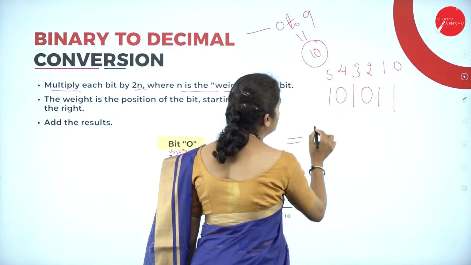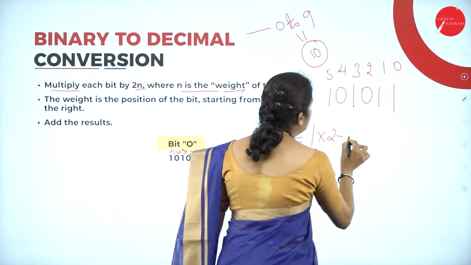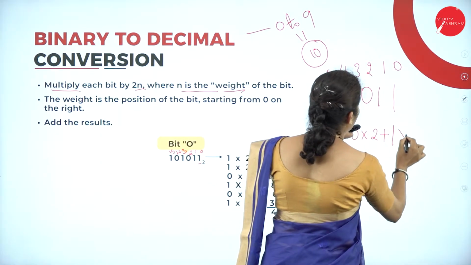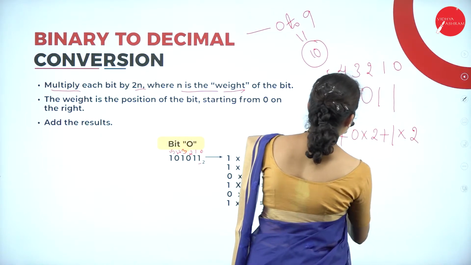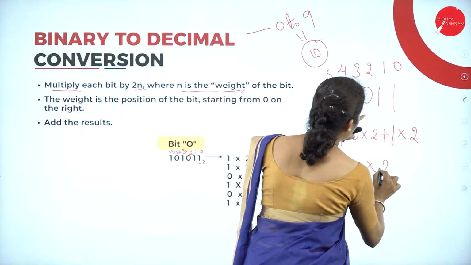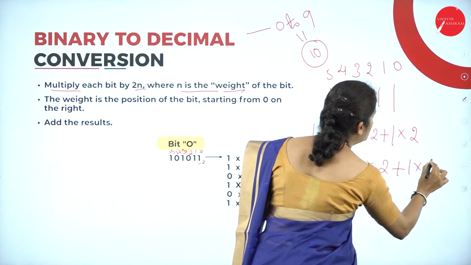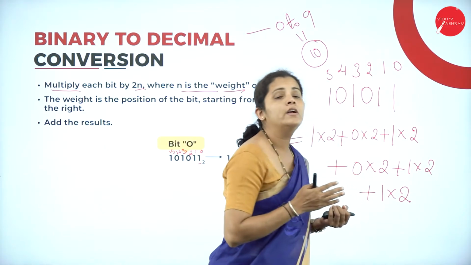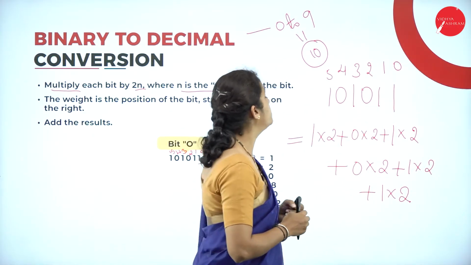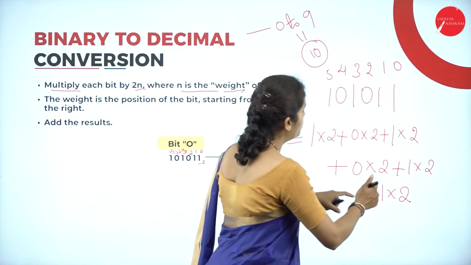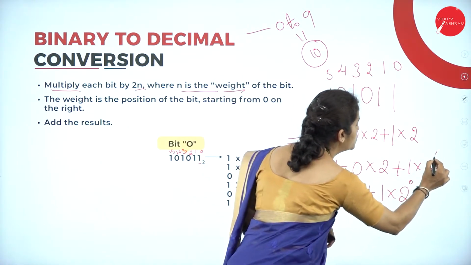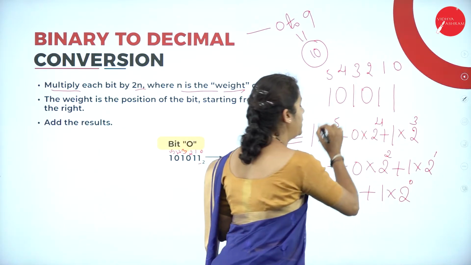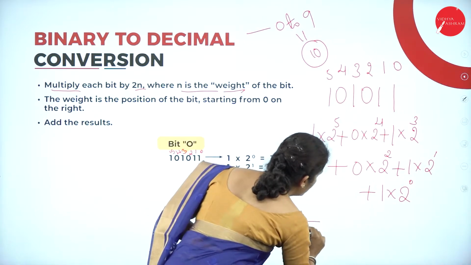Now I will write 1 into 2 plus 0 into 2 plus 1 into 2 plus 0 into 2 plus 1 into 2 plus 1 into 2. Now I write the power of each: 0, 1, 2, 3, 4 and 5.